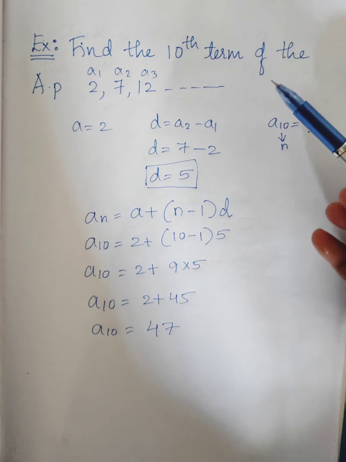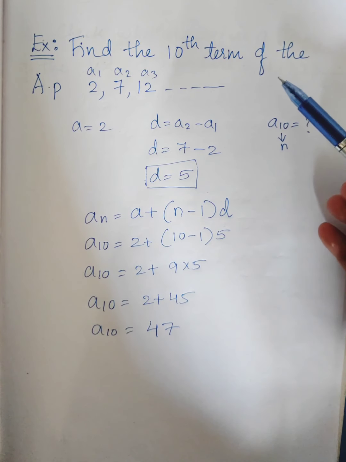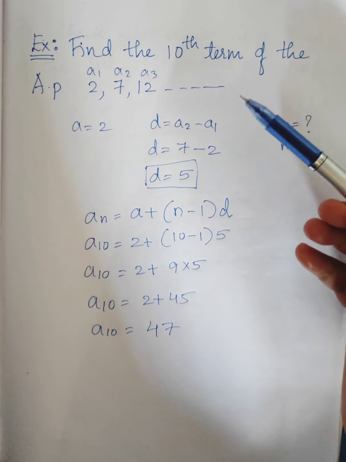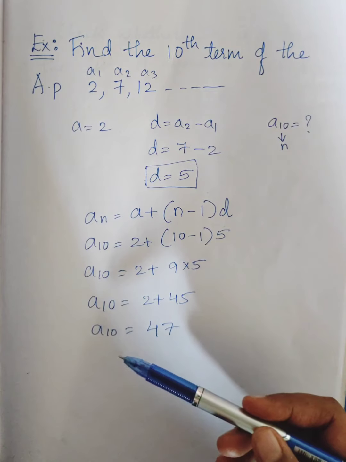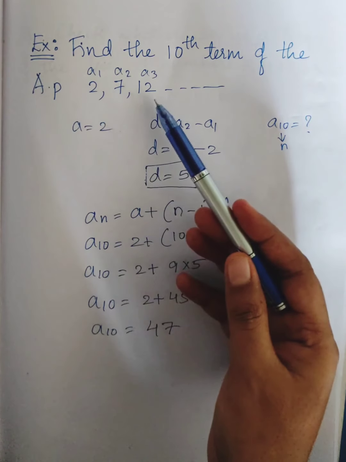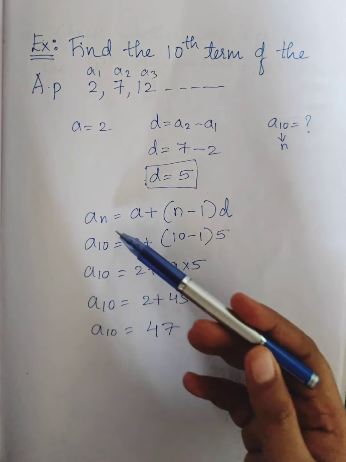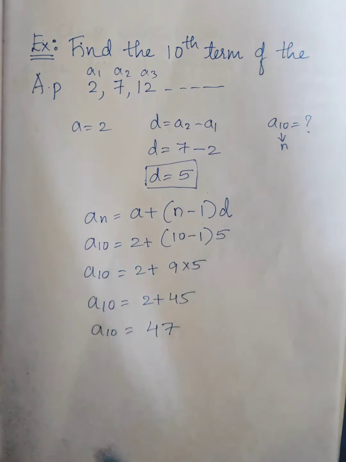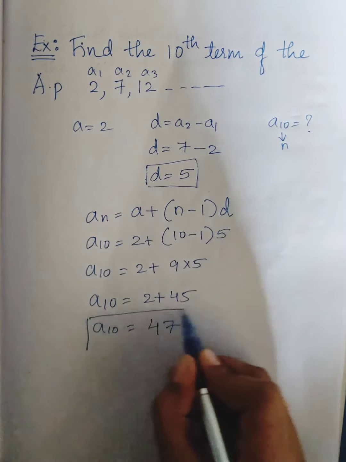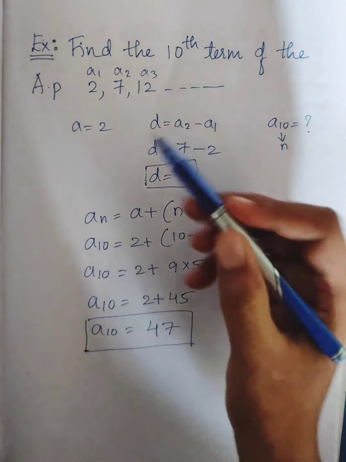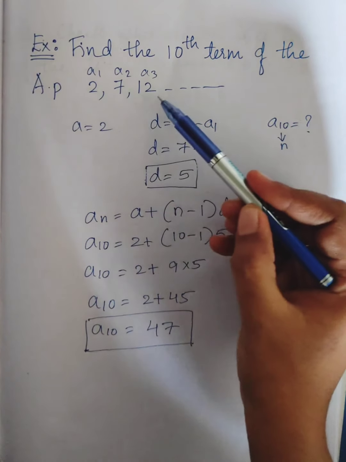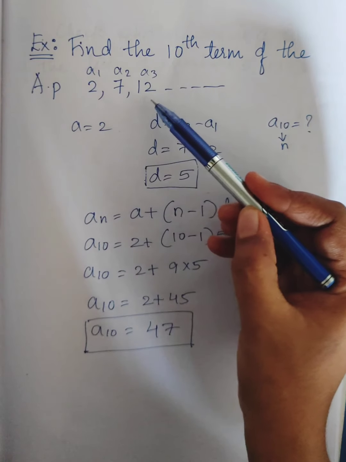Even if they ask to find the 11th term or 12th term, you can very easily find it with the help of this procedure. Here 3 terms are given. They have told us to find the 10th term, and we have found it with the help of this formula, that is a10 is equal to 47. In the question, 2, 7, 12 are the first, second, third terms.